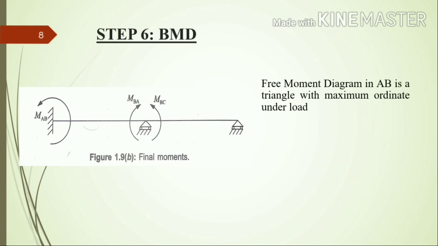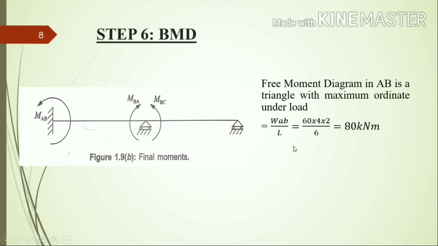The free moment diagram in AB will be a triangle with a maximum ordinate under the load, and this maximum ordinate is equal to WAB by L. Substitute the values of W, a, b and L, we get the maximum bending moment as 80 kilonewton meter under this load.